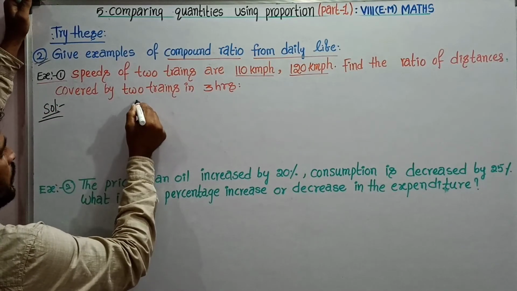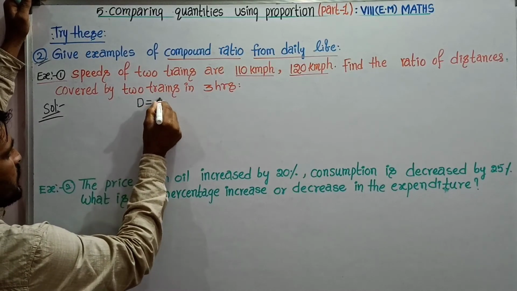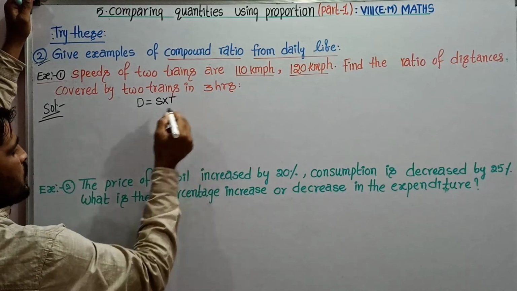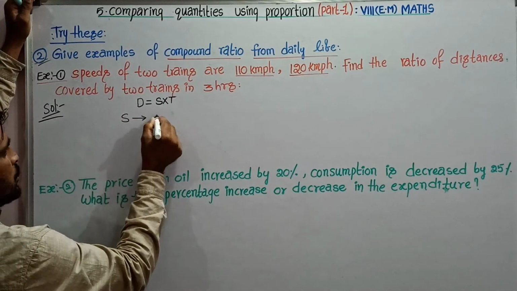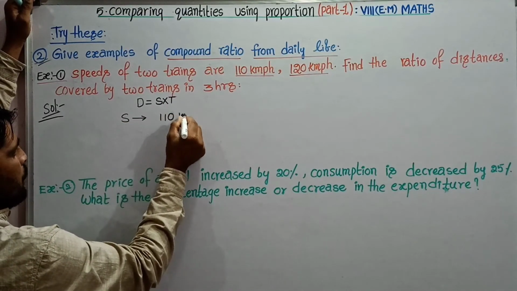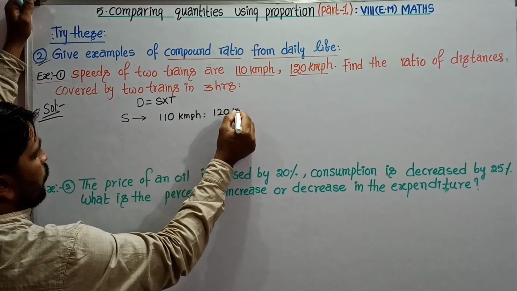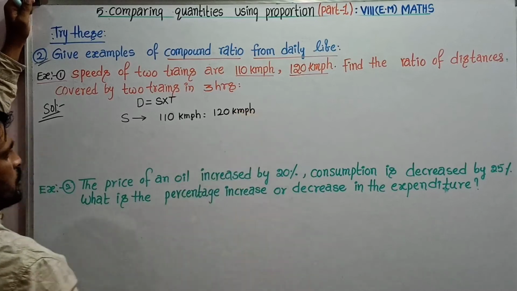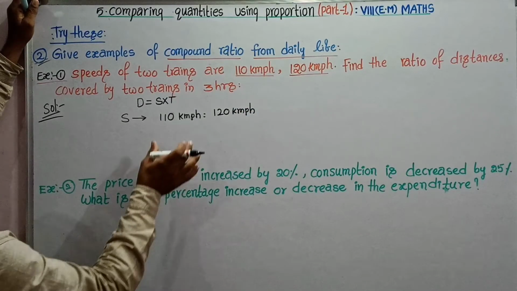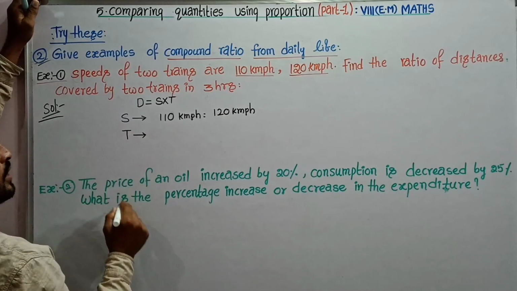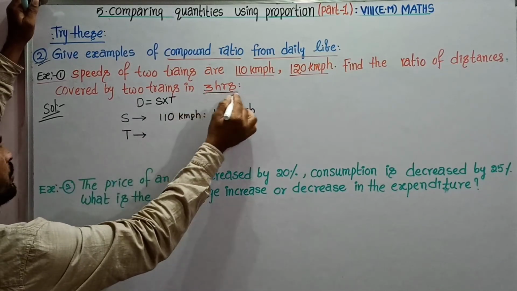Okay? Yes. Since we know that distance is the product of speed and time. Consider the speeds ratio. Speeds of the two trains are in the ratio 110 km per hour is to 120 km per hour. And time, we have to find the distance covered by the two trains in 3 hours time.